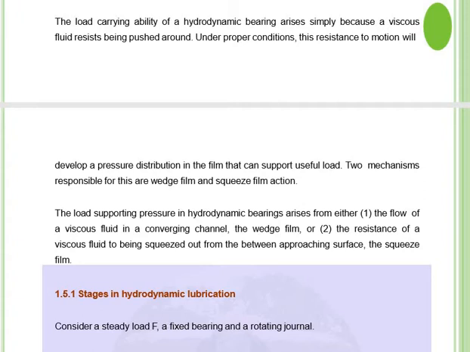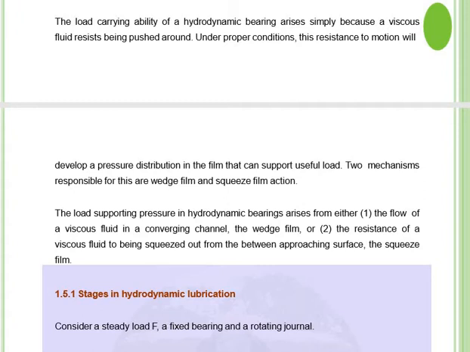Whenever that film develops inside the bearing, it bears the load. There are two mechanisms: one is the wedge film lubrication system, and the other is squeeze film lubrication.